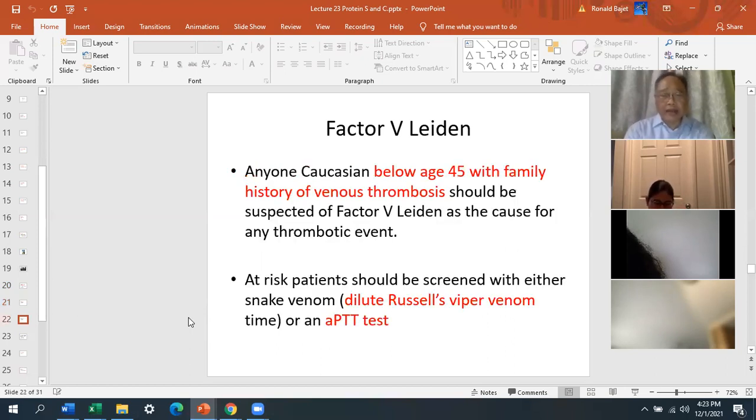So with factor V Leiden, any Caucasian below the age of 45 with a family history of venous thrombosis should be suspected of factor V Leiden as a cause for any thrombotic event. So they need to be actively screened. At-risk patients should be screened with either the snake venom, dilute Russell viper venom, or an APTT test.